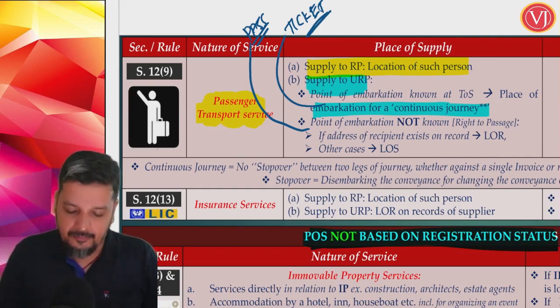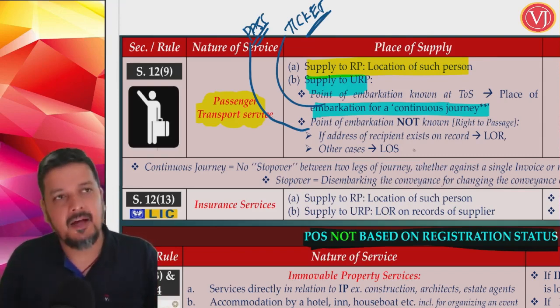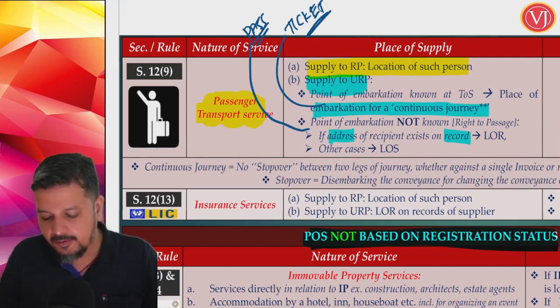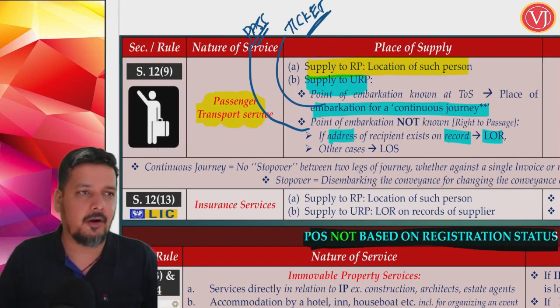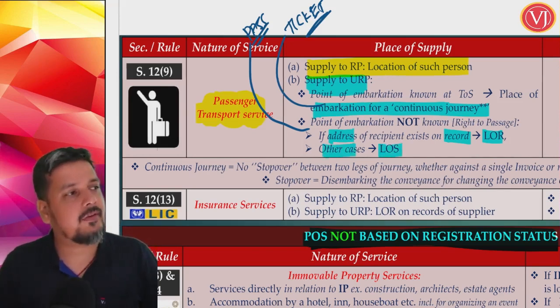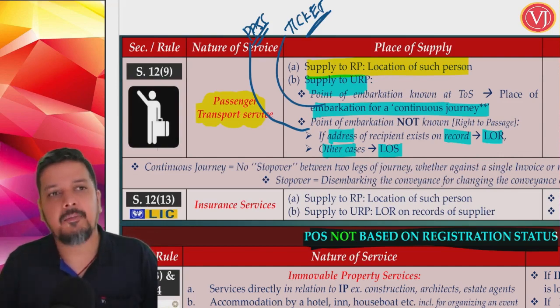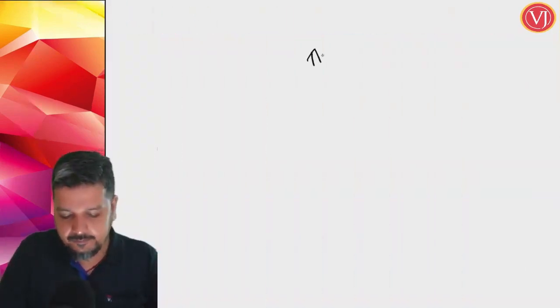Now, if it is not a ticket but a pass, if the address of the recipient is on record, it is the location of recipient. Mostly if it is a pass, the address will be there on record. If the address by any chance is not there, then location of supplier. Now, what I am trying to tell you, please understand whether it is ticket or whether it is pass.